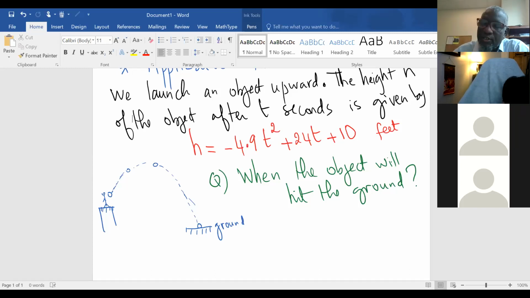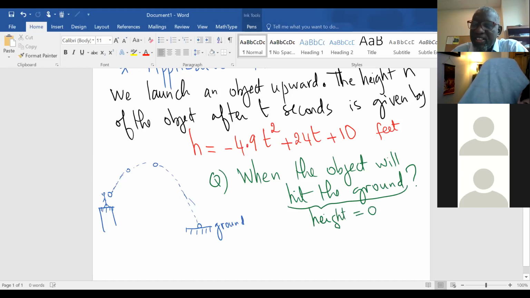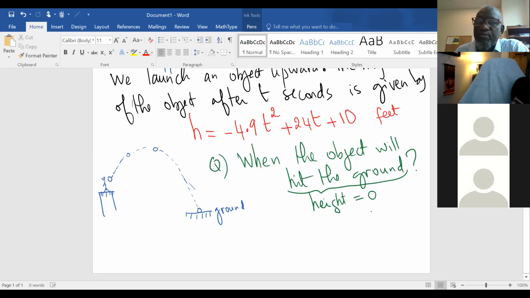When the object is exactly on the ground, the height is 0. Now, what variable represents the height here? We have two variables, the h and the t. The h. Because the height is 0, you're going to replace the h by 0.